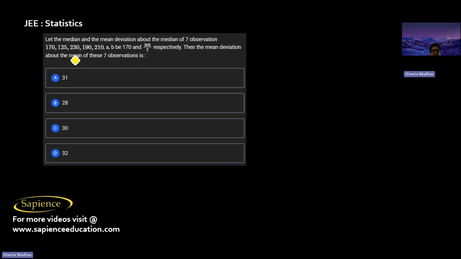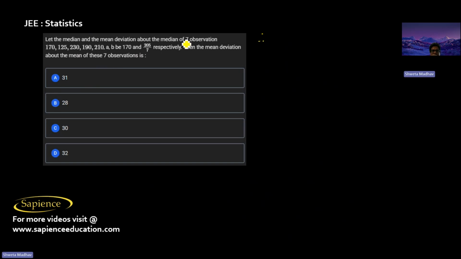It is told that the median and the mean deviation about the median of 7 observations 170, 125, 230, 190, 210, A, B is 170 and 205 by 7 respectively. Then the mean deviation about the mean of these 7 observations is. Now, therefore, we have to arrange them in the ascending order first.